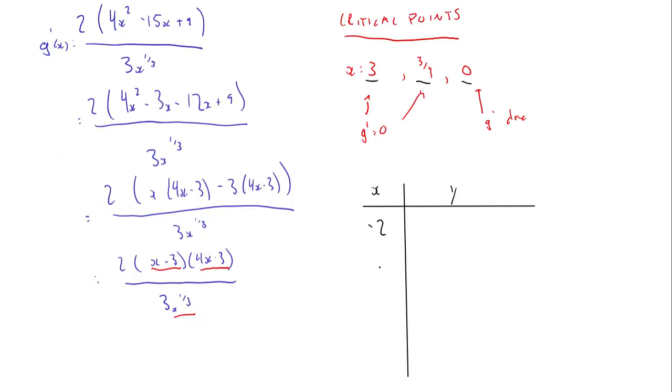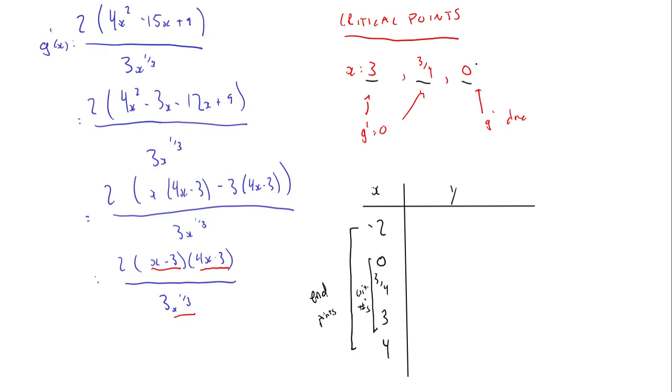So we've got -2, 0, 3/4, 3, and 4. We have our 2 endpoints, and we have our 3 critical numbers. And all we need to do is compare the y values here.